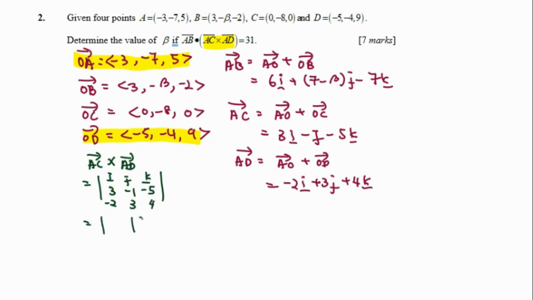Then we're doing the minors. When we do minor 1, 1, we get negative 1, negative 5, 3, 4. So here will be negative 5, 4. Here will be negative 1, 3.